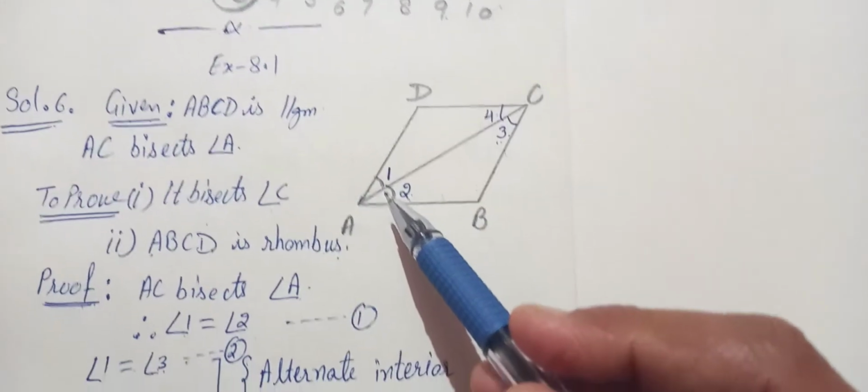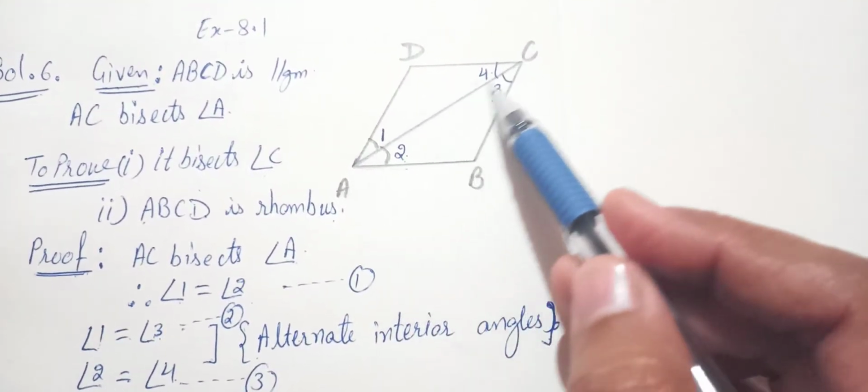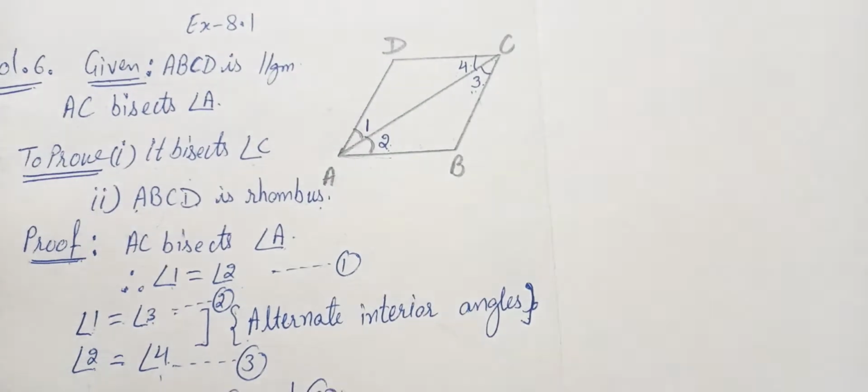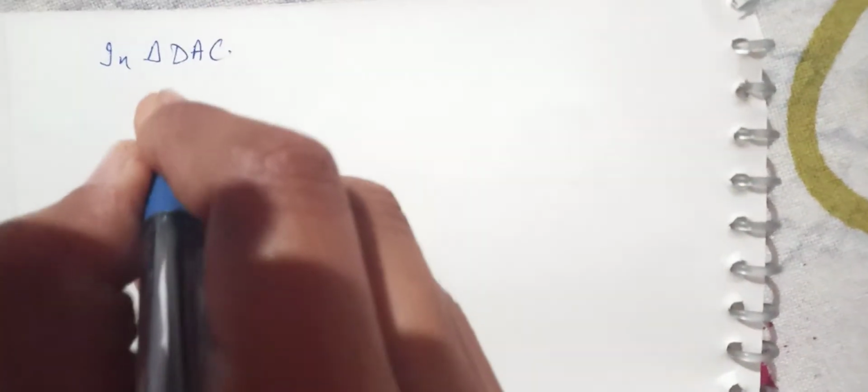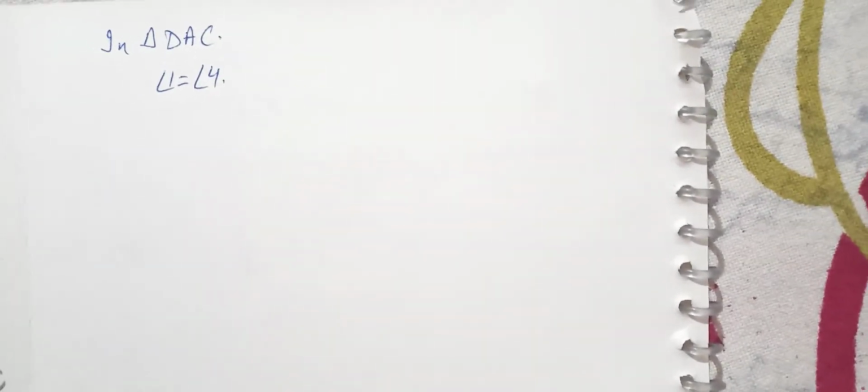Okay. Now similarly for this triangle DAC, if we use this triangle, then what we will write here? We will write here in triangle DAC, angle 1 is equal to angle 4. Sorry, this is proved.